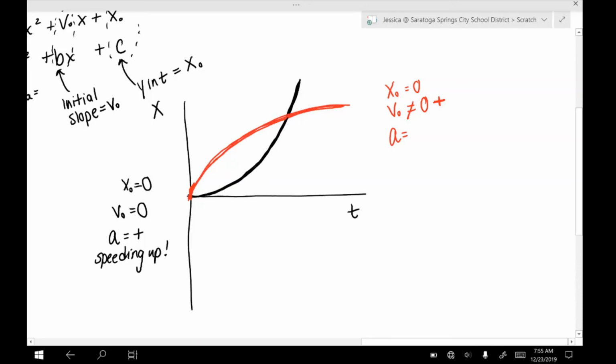So when we see that sad face graph, our acceleration is negative. Our slopes are getting less steep as time goes on, which means our object is getting slower and slower, so we are slowing down. And that makes sense because velocity and acceleration are in opposite directions.